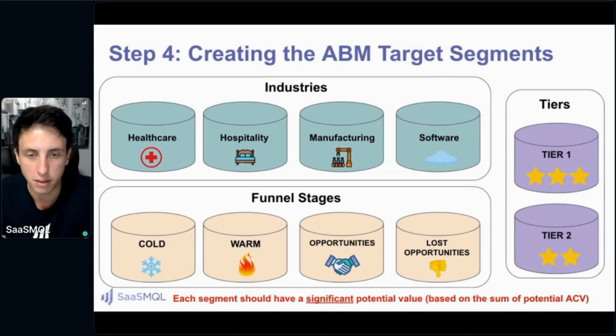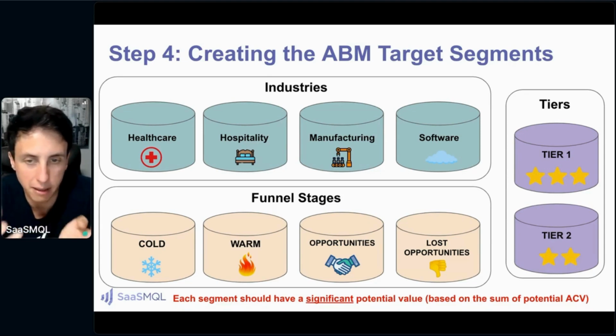So there is some rule of thumb, like if your accounts, your potential customers are worth 40, 50K, maybe a segment should be at least 600, 800, 500, 1,000. Just do the math there. Or if every customer is worth 500,000, maybe you can have only a couple of 150, 200 per segment.